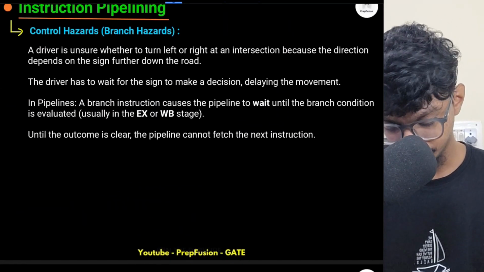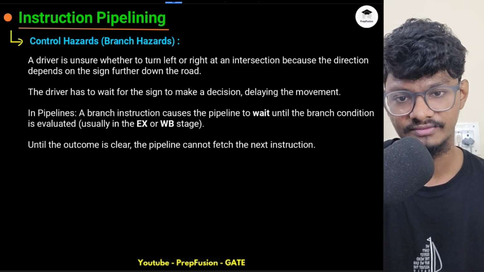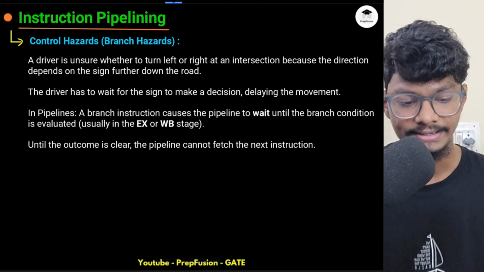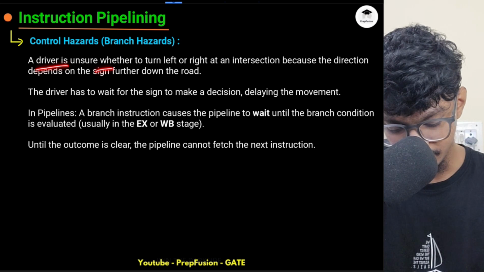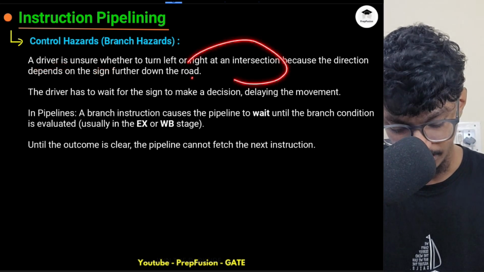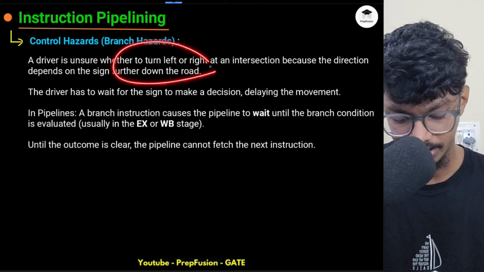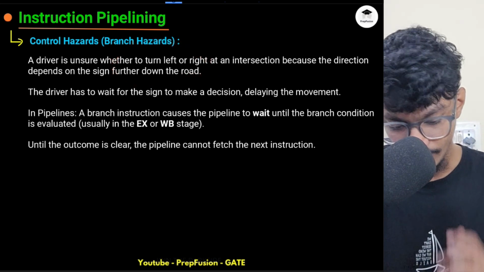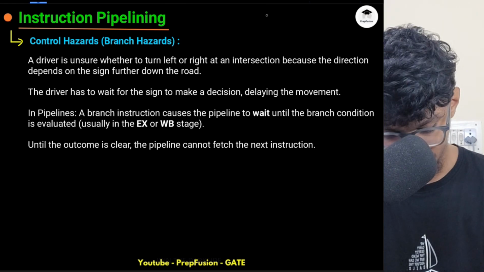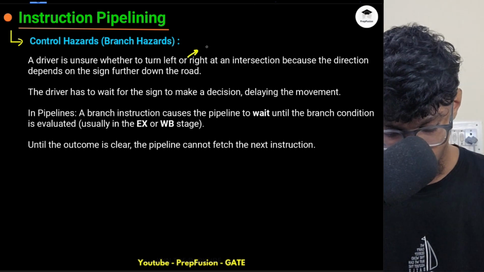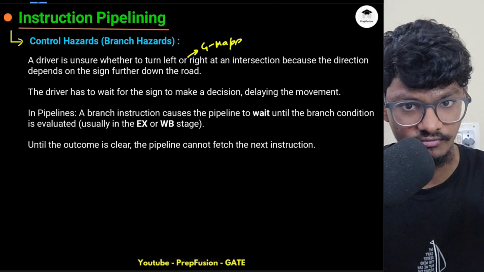Okay, so let's start with control hazards. What are they? I've already explained them previously at the start of the hazards topic. Let me give you an analogy. A driver is unsure whether to turn left or right at an intersection because the direction depends on the sign further down the road. What does it mean? You can take the help of Google Maps. You turn on your Google Maps and put the location of your home.